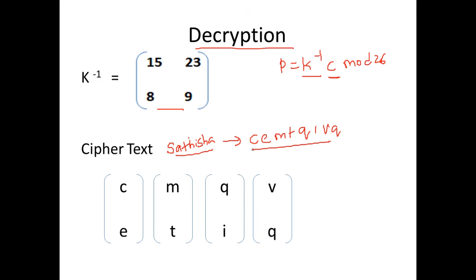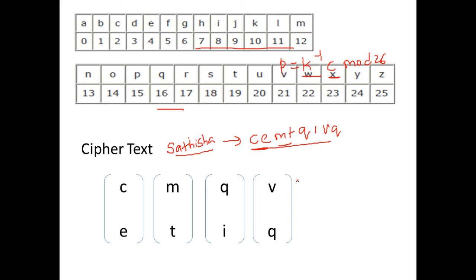Now we have to take two characters in the ciphertext and make it a component vector like this. CEMTQIVQ. And you represent this ciphertext as a number equivalent to be useful in our computations. So what is CE? That is nothing but 2 and 4.